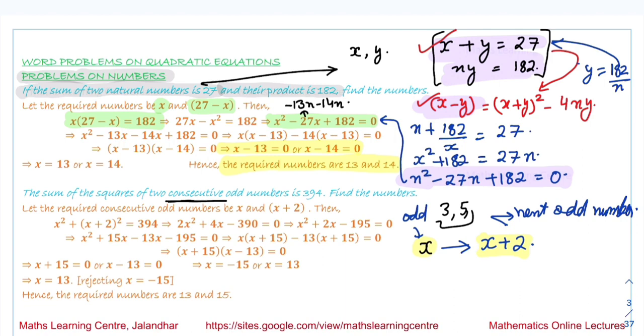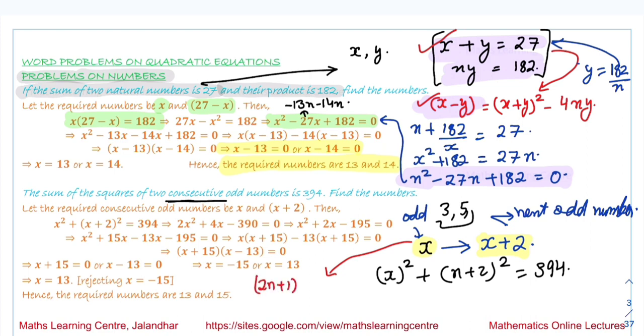Then the sum of the squares of two consecutive odd numbers is x square plus x plus 2 whole square, and the sum of the squares of two consecutive odd numbers is 394. Now this is one of the methods to solve this. Another thing that we have already studied in our first chapter of this class is that an odd number is of the form 2n plus 1.